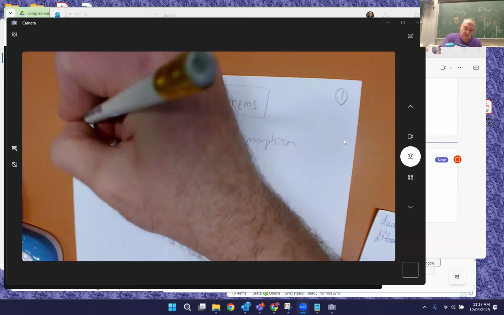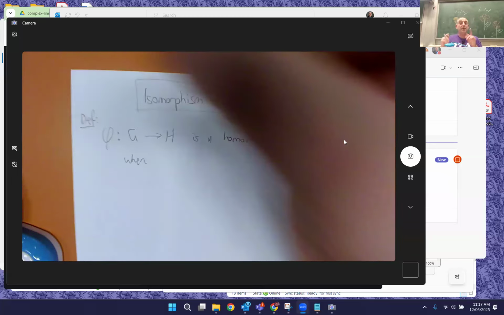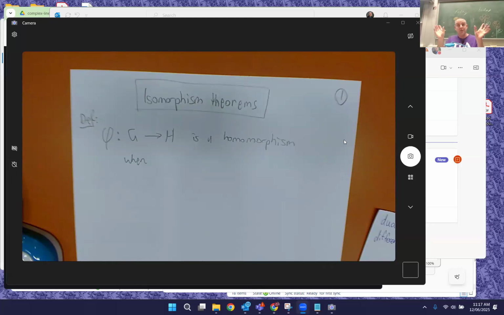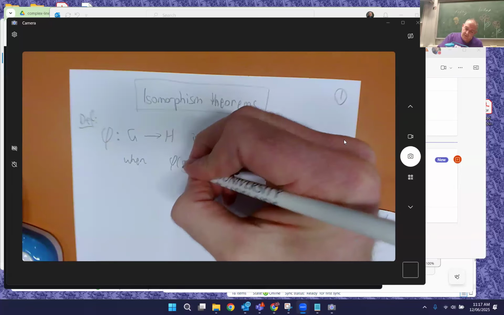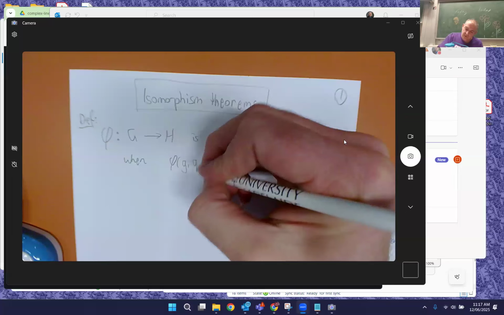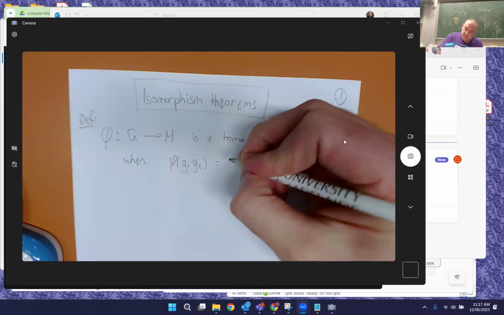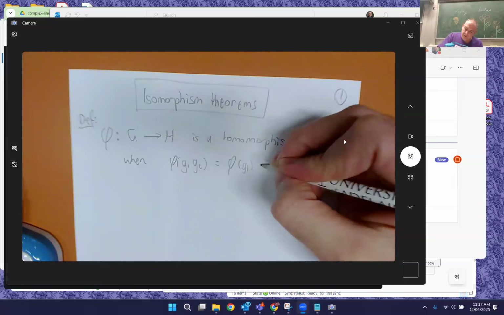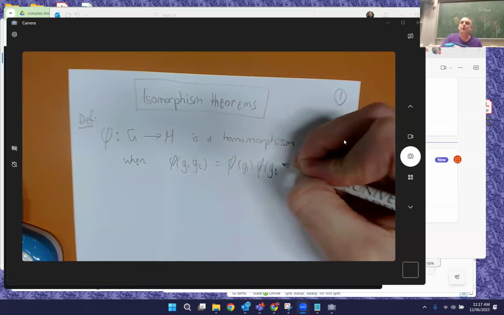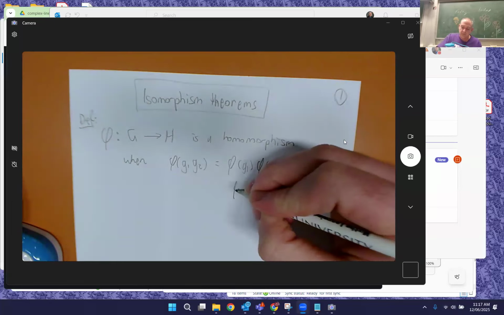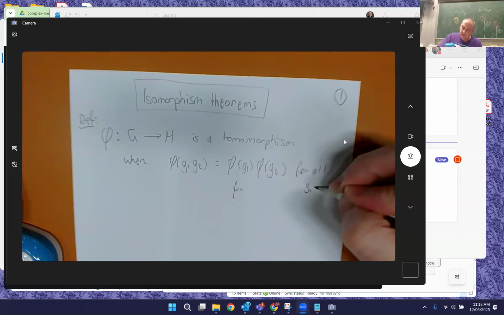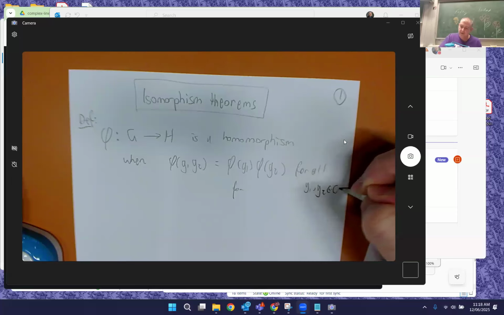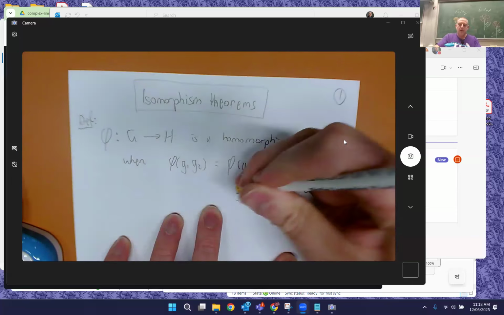So this is a definition, right? This is my memory of the definition, and then you can all check if I've got it right. So this is a homomorphism when phi of G1 times G2 is the same as phi of G1 times phi of G2, for all G1 and G2 in the domain group.